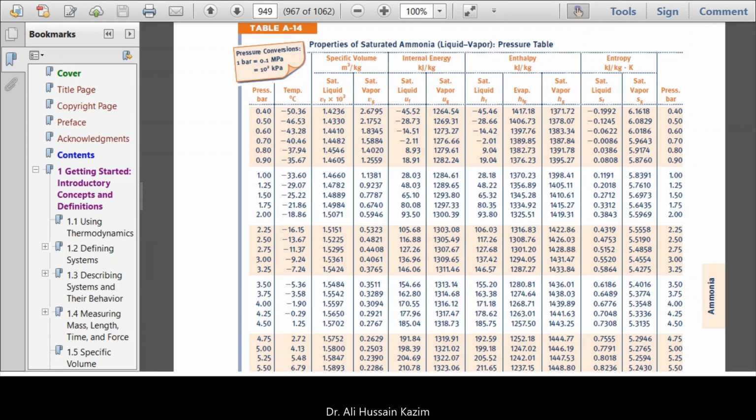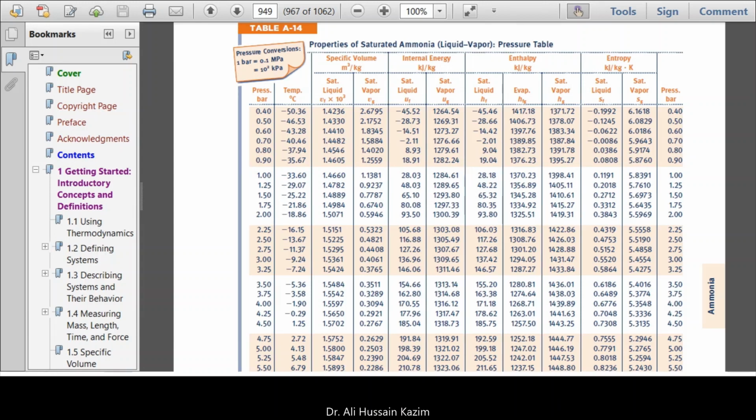Now the next question is 1 kg of water initially at the critical point. If the water is cooled at constant specific volume to a final pressure of 30 bar, determine the quality at the final state.